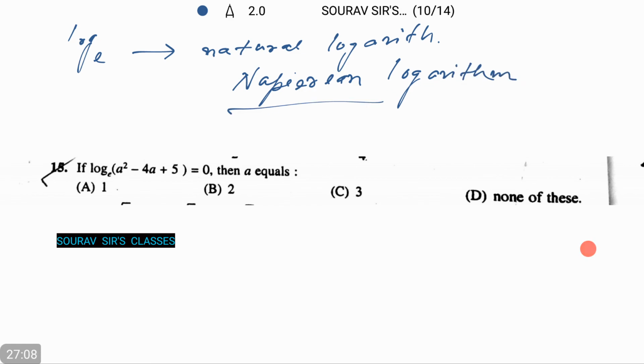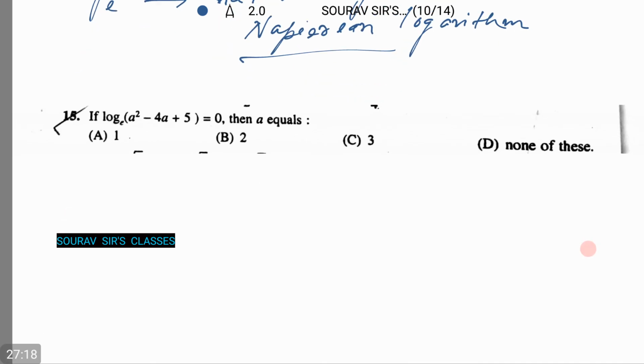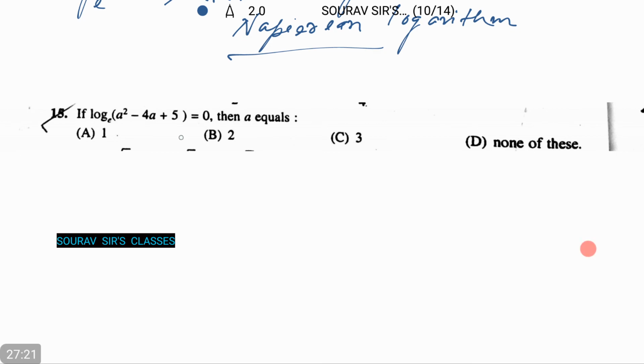This term looks like it will be used in a spelling bee. In any case, that is Napierian logarithm, and we are required to find: log to the base e of a squared minus 4a plus 5 equals 0. Then we are required to find a. Fine enough.